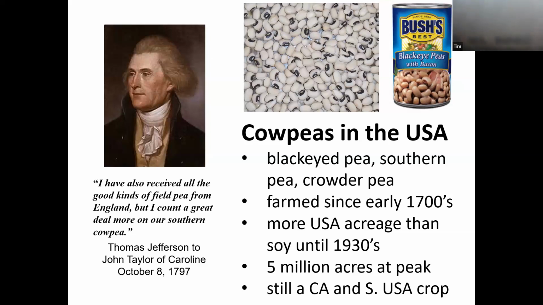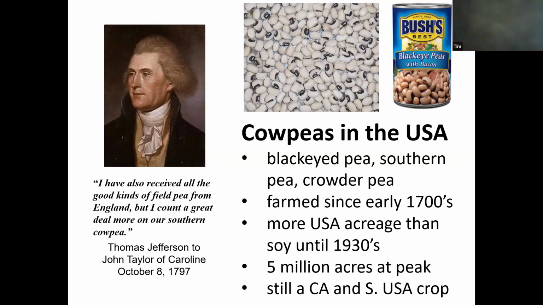Both men were landowners with farms, and cowpea has been farmed in present-day USA since at least the late 1600s, after being brought in probably with the slave trade and by Spanish colonists into the present-day southwestern USA.